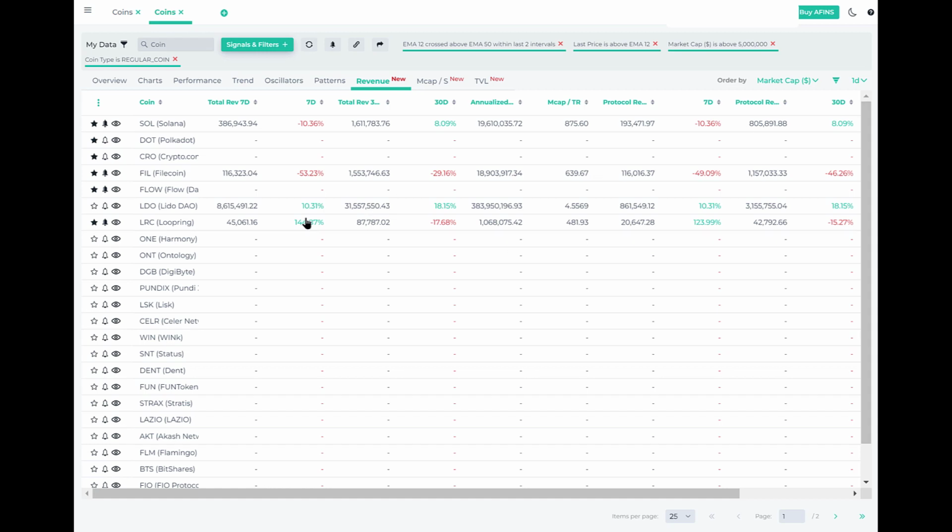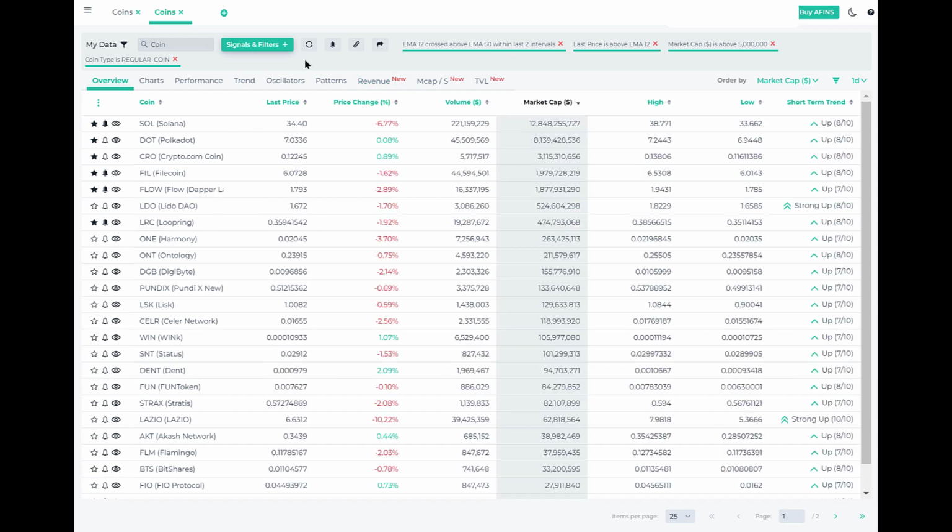In this list, we have really only 4 projects that have revenues that at least we can track, and look at the trend in revenues. For example, Lido has a positive trend in revenues, 18% growth in the last 30 days. So that would be one way to narrow down the list further.